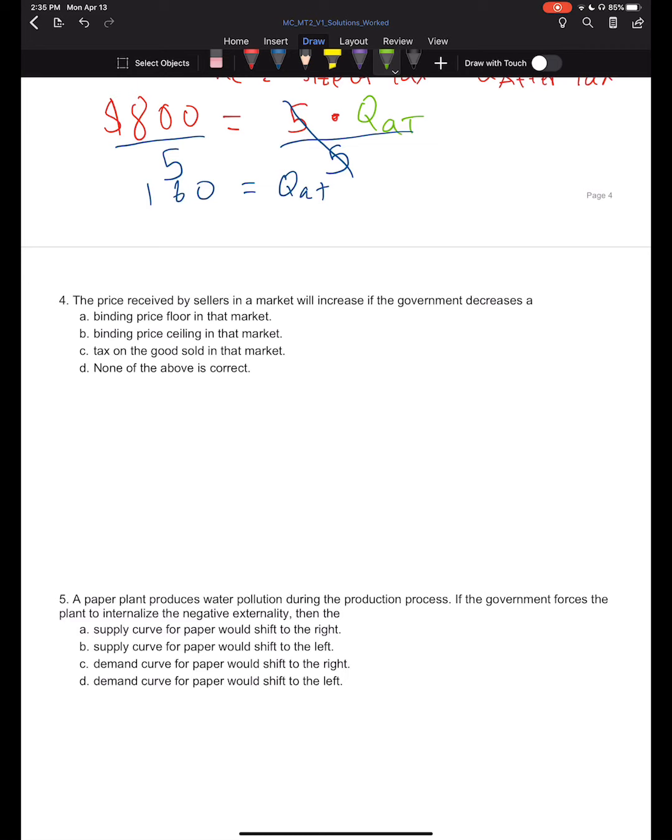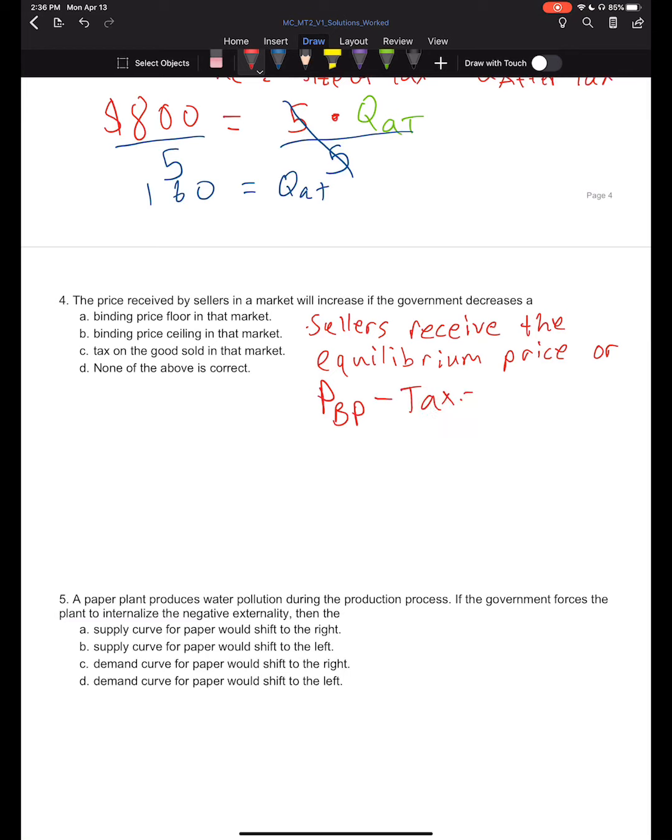So sellers receive the equilibrium price, or they receive the price buyers pay minus the tax, equals the price sellers receive.